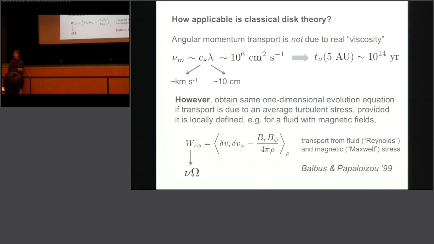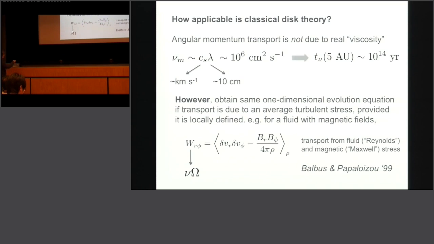And the basic constraints on the turbulence that we need in order for that mapping to hold is primarily just that the turbulence is locally defined, so that the amount of angular momentum transport just depends on the local properties of the disk and doesn't depend in some more complicated way on the global properties of the disk far away from the region that we're considering.